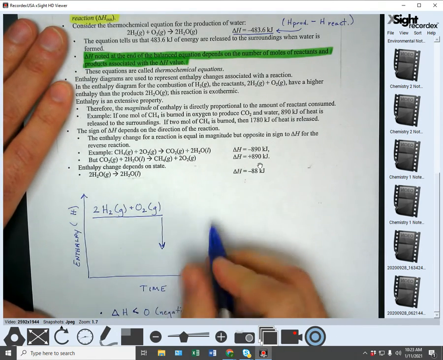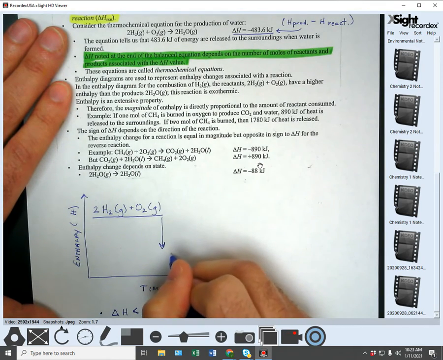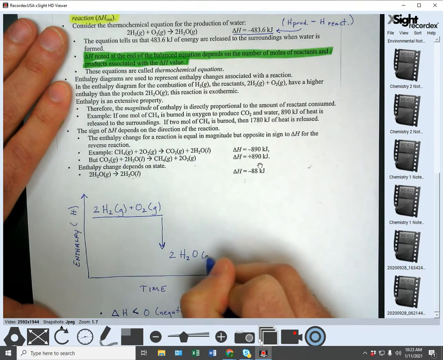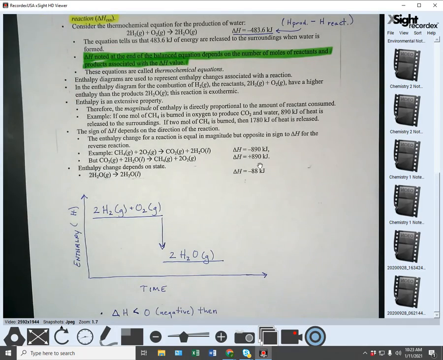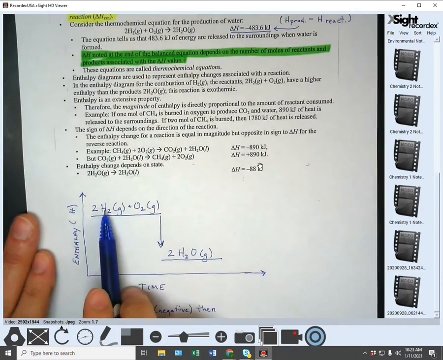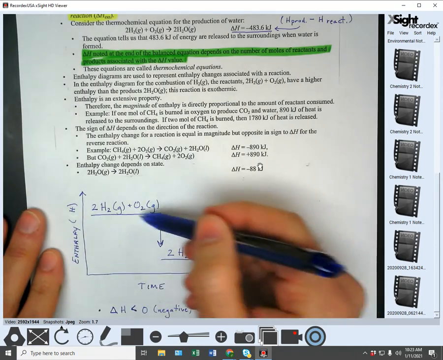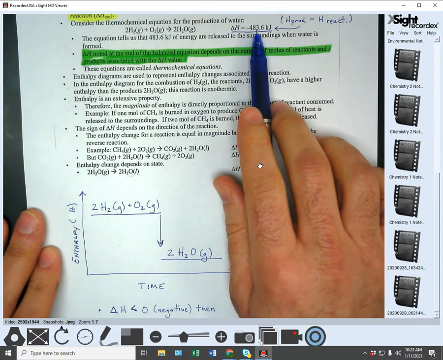Okay, and then we write our product down here. 2H2O gas. Okay. So notice, just like the equation, the reactants are on the left, products are on the right. Arrow goes from reactants to products. The reactants are higher because our delta H is negative.